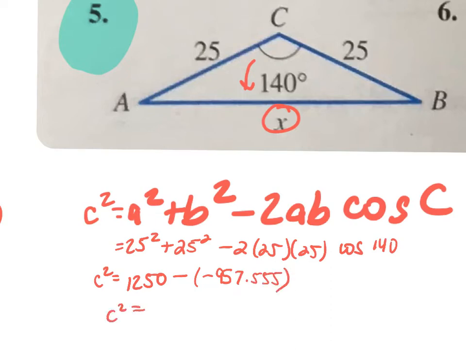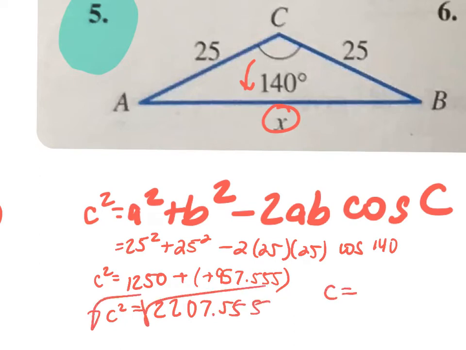So c squared equals, that's going to become a plus, 1250 plus 957.555, and I get 2207.555, and then I'm going to take the square root of both sides. So C is about 46.98, so we'll say almost 47. We'll say 46.98 because that's real close. And there's our C.